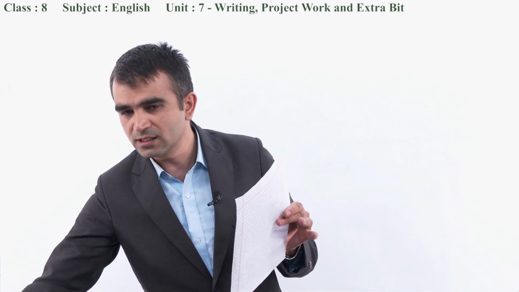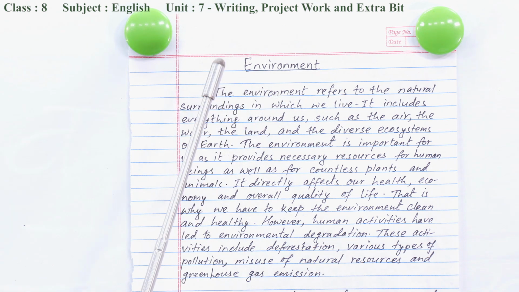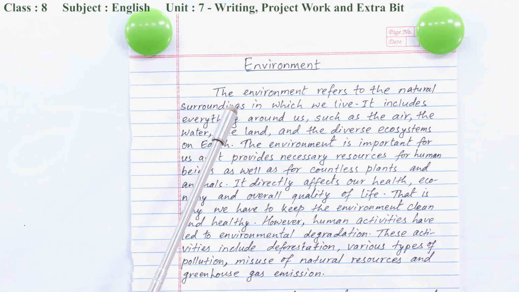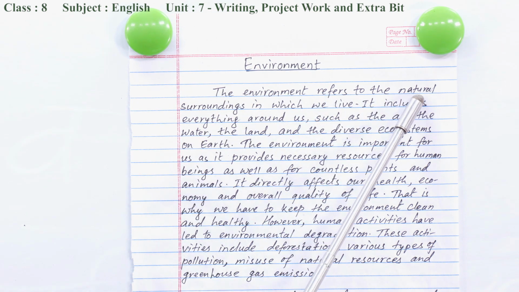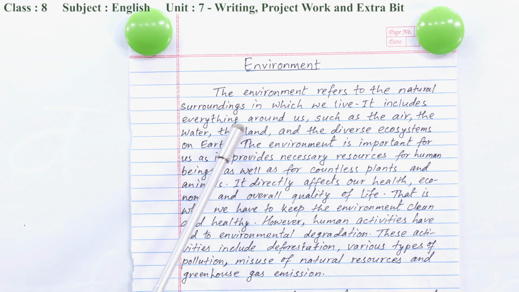What is written here? Well, see, the title, environment, is written on the top, and then let's read. The environment refers to the natural surroundings in which we live. It includes everything around us, such as the air, the water, the land, and the diverse ecosystems on Earth. The environment is important for us as it provides necessary resources for human beings as well as for countless plants and animals.